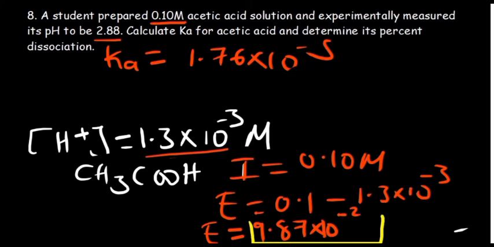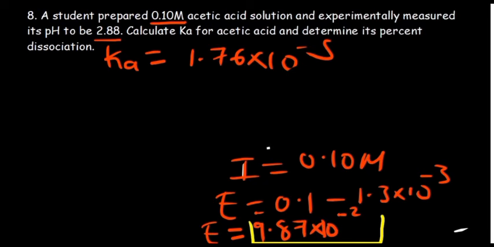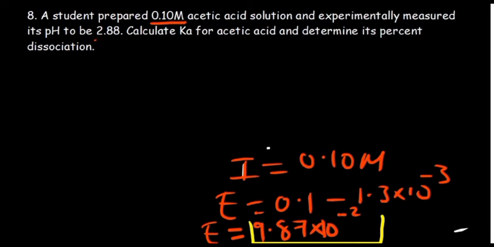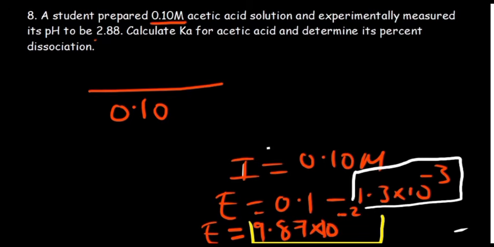Now the percent dissociation is how much had been lost. So initially what did we have? Okay, so we'll say what we had initially was 0.1 molar concentration. Now how much was used up? That's how much was used up.